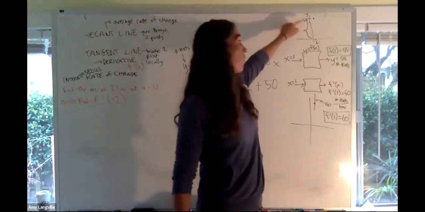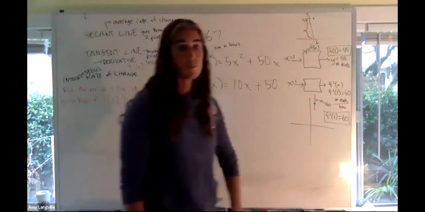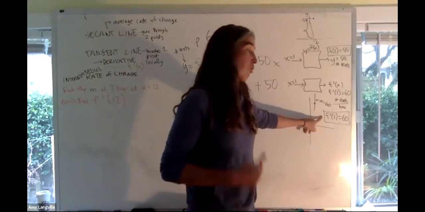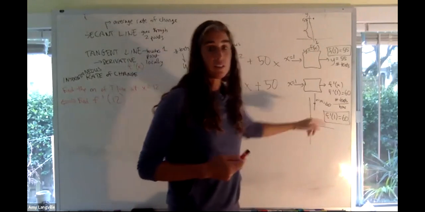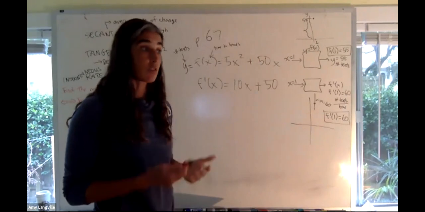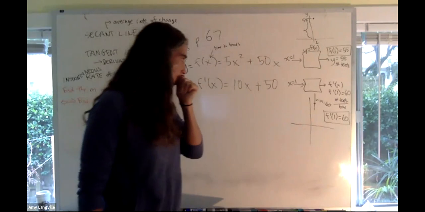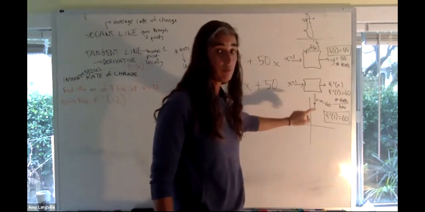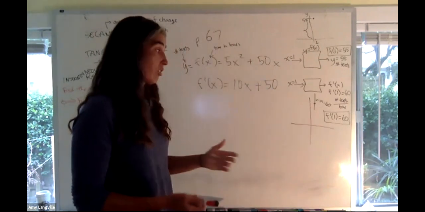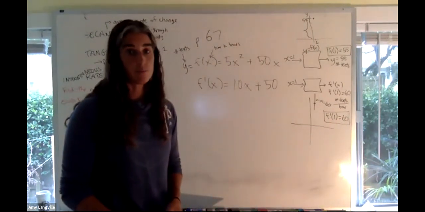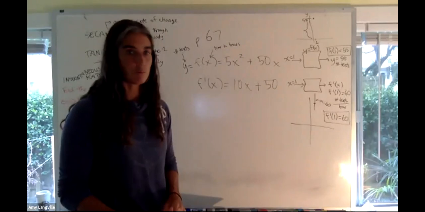That's just a point on the graph. This little compact statement right here, f prime of 1 equals 60, says when x is 1, the slope of the tangent line is 60. This picture here. It also says, because it's positive, we know the function is increasing there. Very steep increasing.